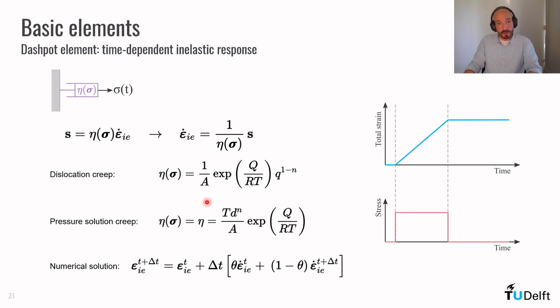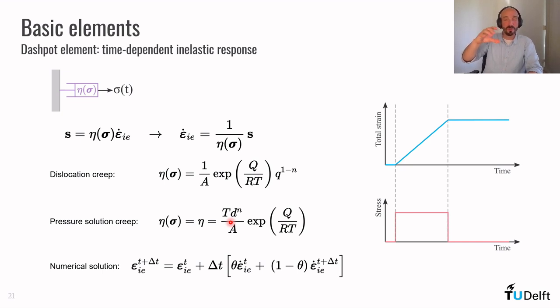We also have another well-known deformation mechanism in salt, which is called pressure solution creep. In pressure solution, we have exactly the same equation, but the viscosity of the dashpot is given by this expression here. It depends directly on temperature, and d is the diameter of the salt grains.